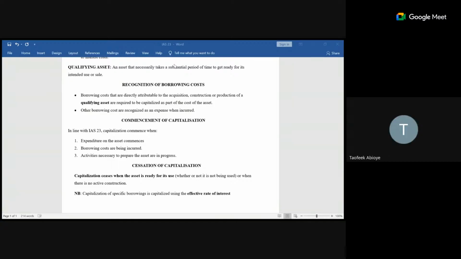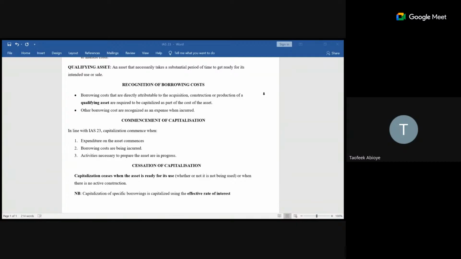We have December, January, February, March, April, May. So it is 6 months. That is the period for capitalization, and those are the relevant borrowing costs.